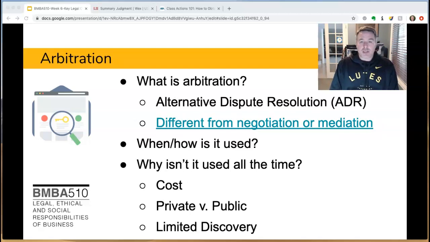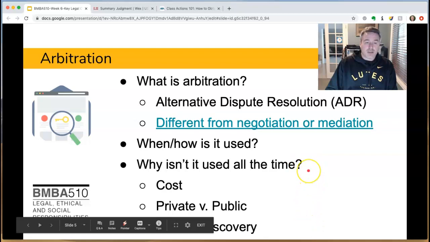You may have heard of arbitration before, but basically it's a form of alternative dispute resolution, or ADR as we call it. And by alternative, we mean an alternative to going to court. So it's generally considered less expensive. You see this down here on this row here.